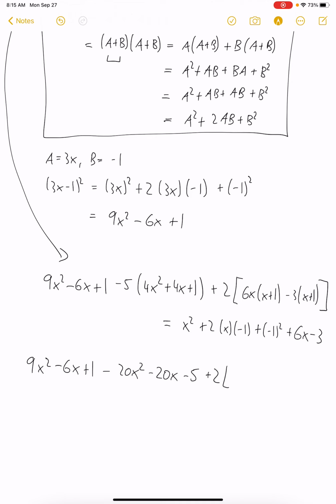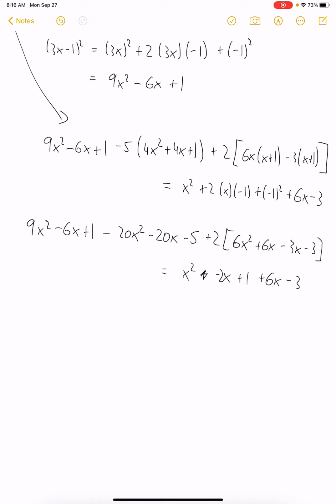Then we have 2 times (6x² + 6x), that's the first term in the big bracket, then − 3x − 3. And this should be equal to x² − 2x + 1 + 6x − 3.